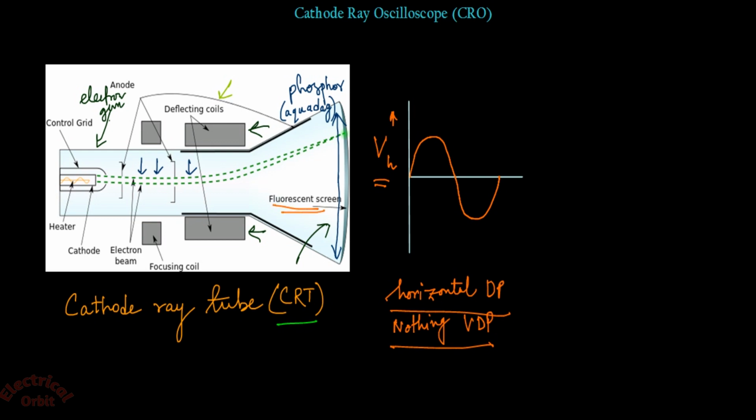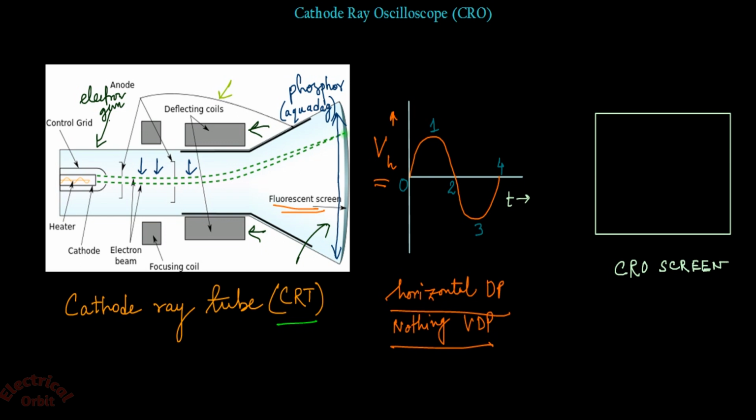So let us name the instants of this voltage signal as 0, the extreme positive is 1, again 0 is 2, extreme negative is 3, and again 0 is 4. These are the 4 instants. Okay, now this is the CRO screen.